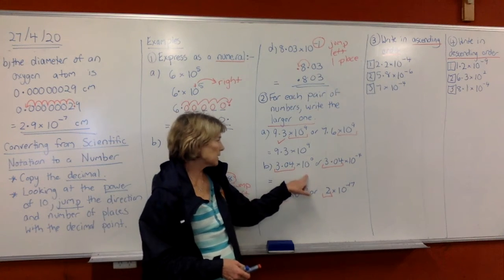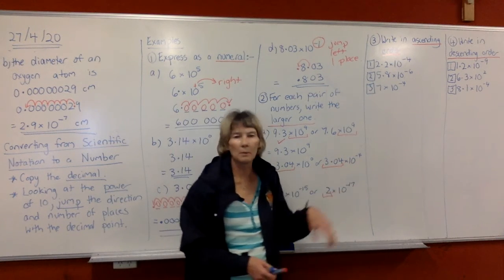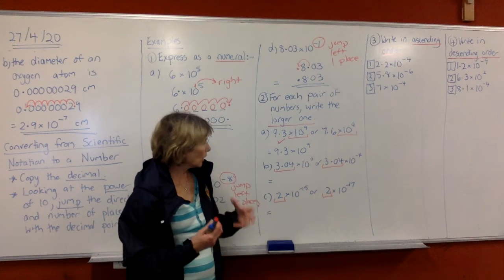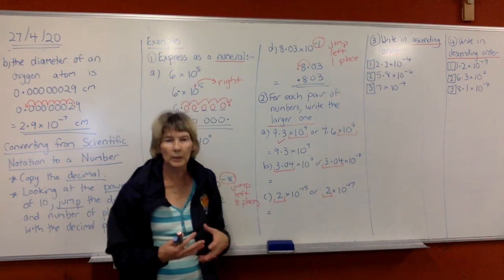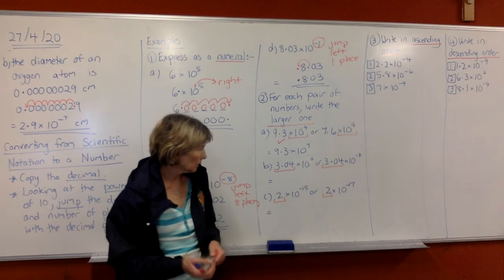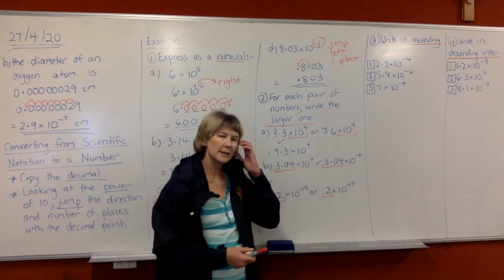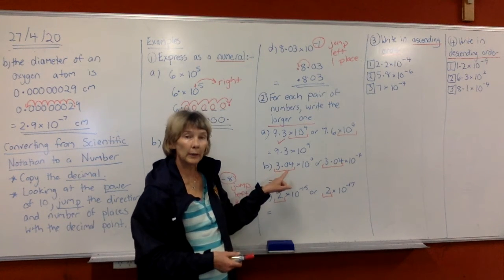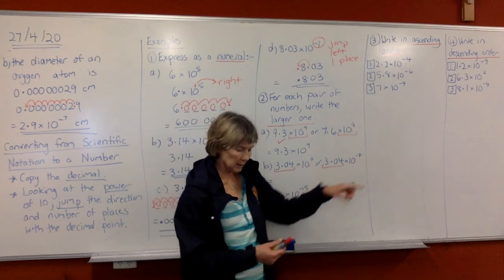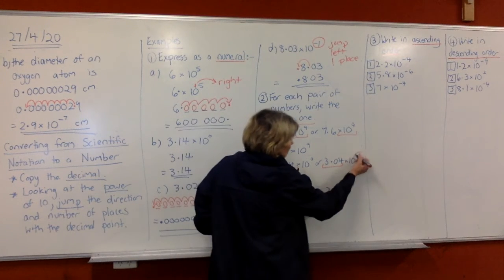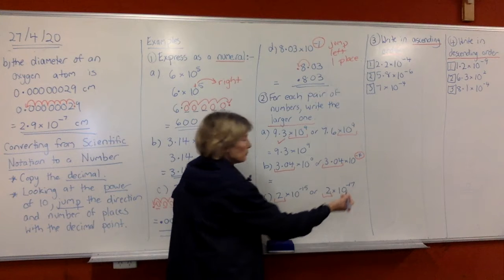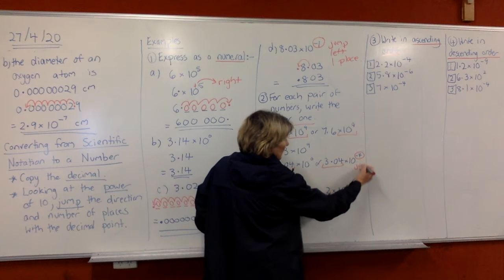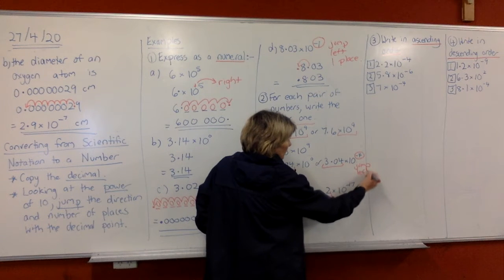So we're looking at the 10 to the 0 and 10 to the minus 4. Now you've got to understand what we've been doing to really get this bit. Remember that the 0 means the decimal point doesn't move anywhere. But this means the decimal point would jump left 4 places.